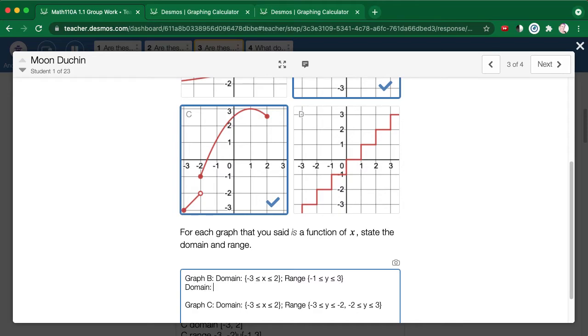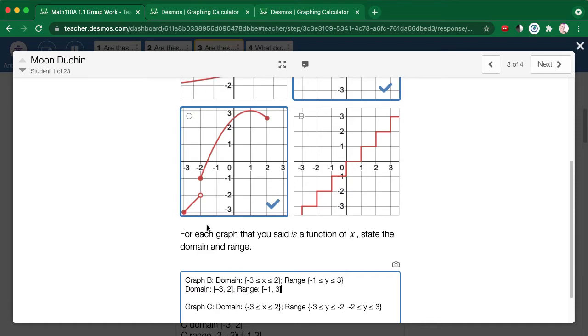The domain would be from -3 to 2, and the range would be from -1 to 3, using the square brackets to indicate that those border points are actually included in the interval.